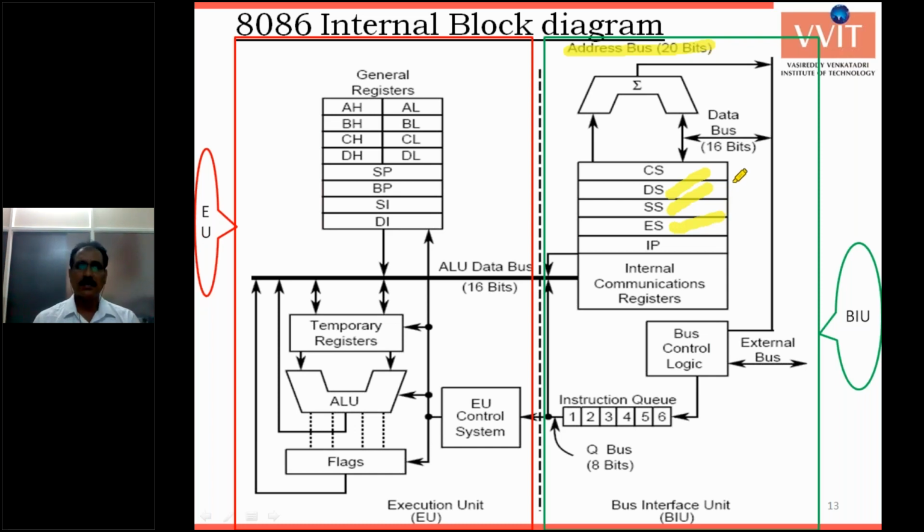In the 8086, the minimum segment size is 64 kilobytes, or 65,536 memory locations. Maximum is supported up to 1 MB, the maximum memory capacity of the 8086.